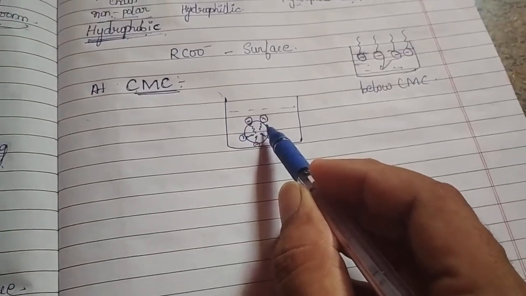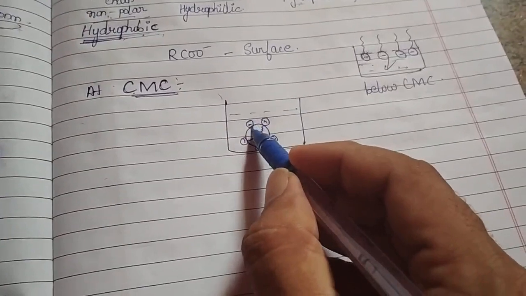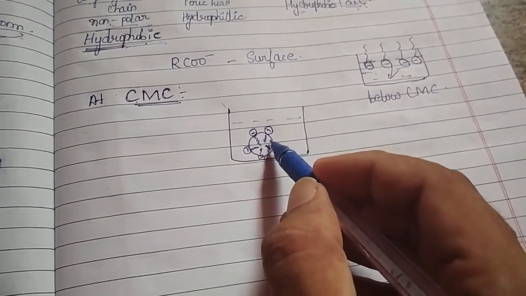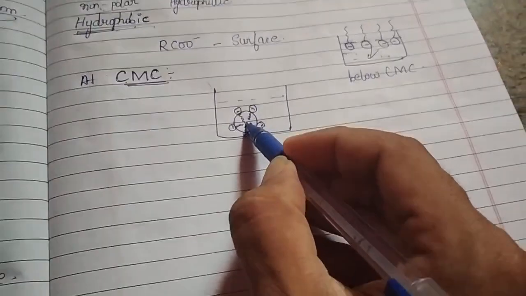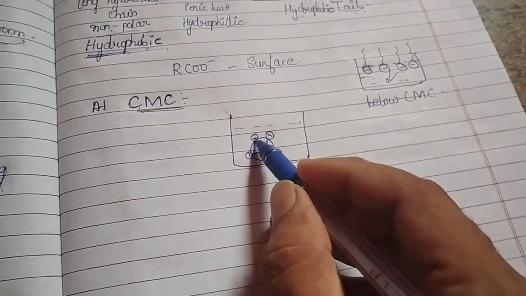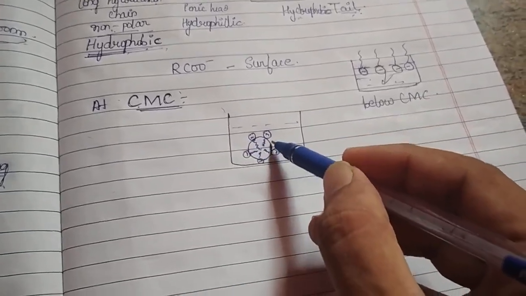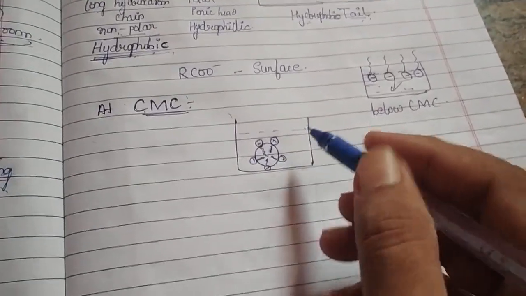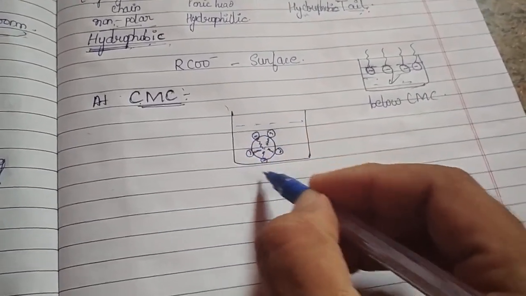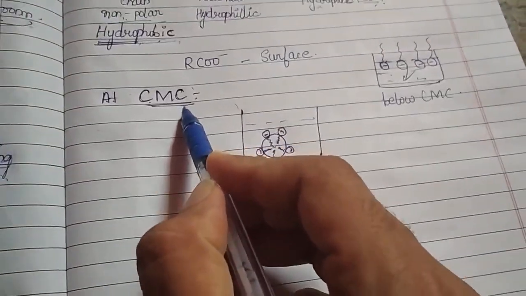As you can see, this is your R group, the hydrocarbon chain, pointing towards the center of the sphere, and the COO minus group, the head part, remains outside on the surface of the sphere. So this way your micelle will be formed. This is the formation of your micelle at critical micellar concentration.